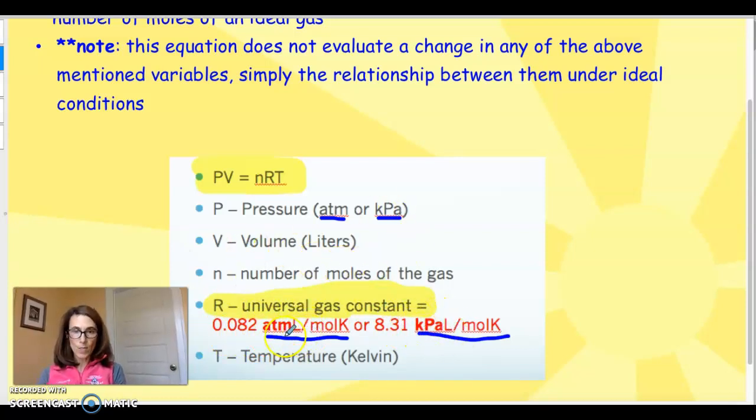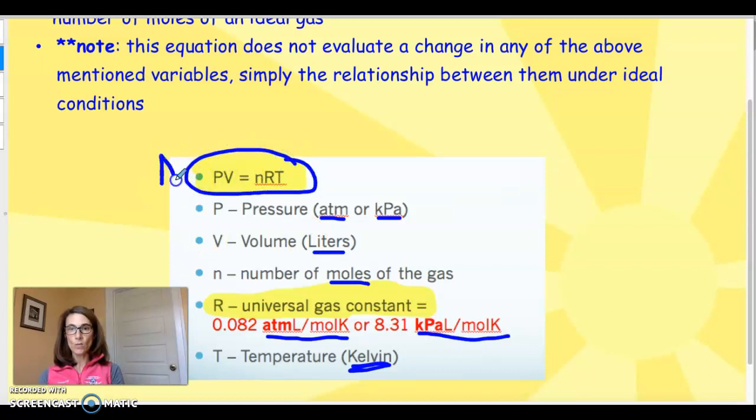And again, because that gas constant has liters in it, your volumes are going to have to be in liters. You're going to have moles. So if you're given grams in an equation, you're going to have to convert to moles using the molar mass. And as we've been doing all along, our temperatures will have to be represented in Kelvin to be able to plug into PIV-NERT. So this is a really important equation to know. So put a star next to that, highlight it, put a box around all of this information. So that's really important information.